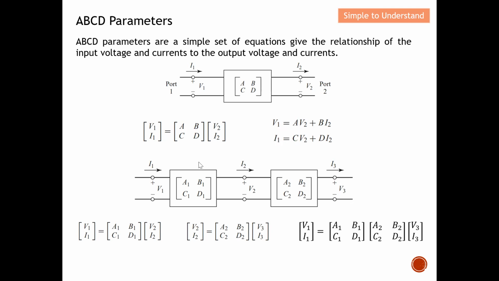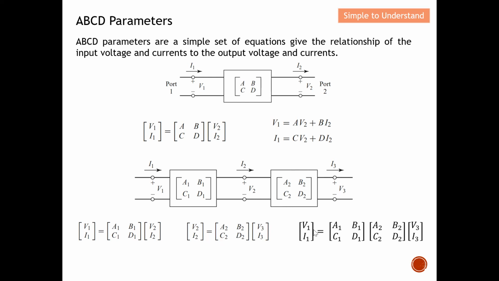Next, I put two separate components. They can be completely different components, cascaded together or in parallel. So how can we find the overall ABCD parameters? For example, this set is the first ABCD parameters for this particular component, and this will be the second set of ABCD parameters for the second device.